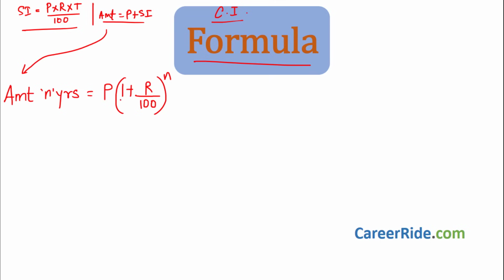If n is the number of years, then the amount received would be P into 1 plus R upon 100 raised to n.